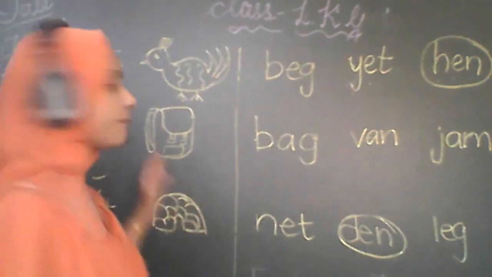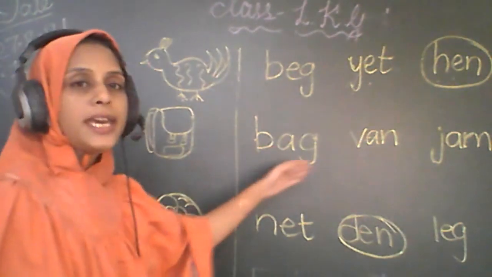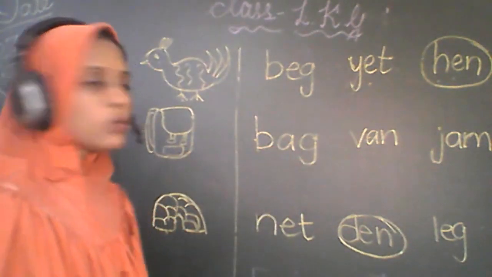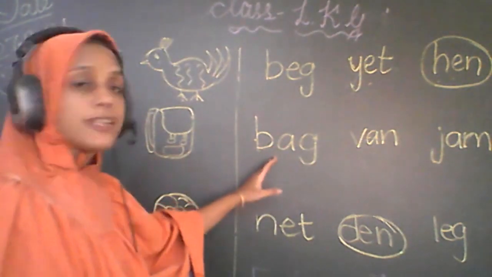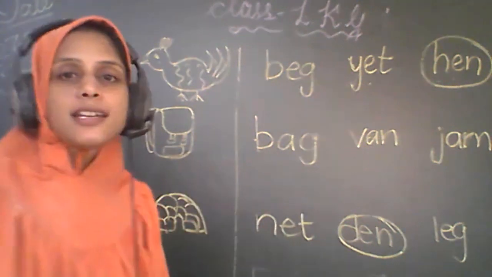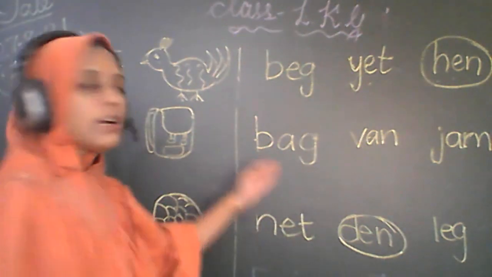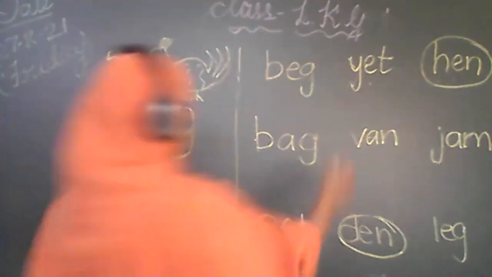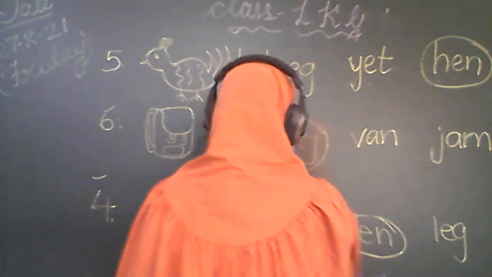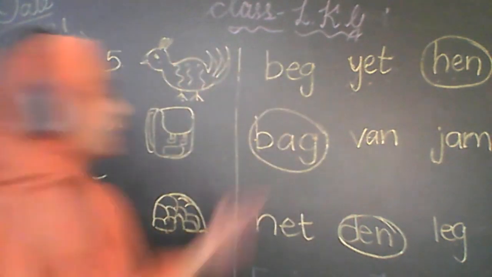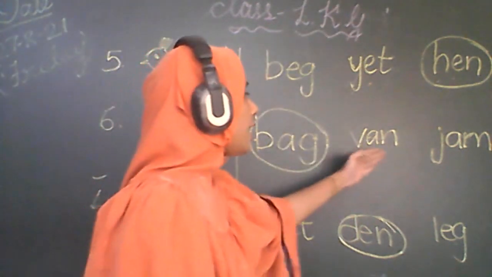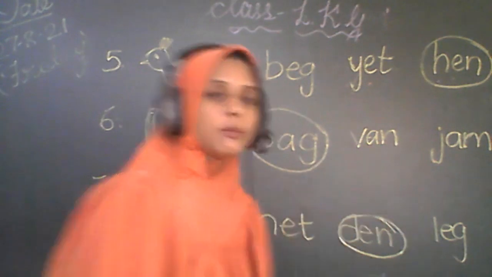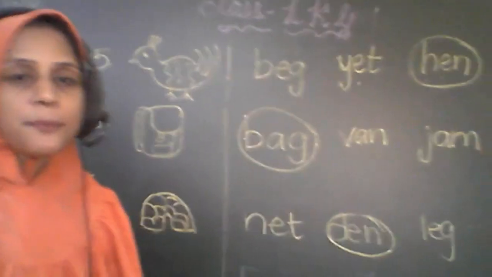Chalo, read. B-A-G. So B says B, A says A, and G says G. Bag. So the first word is correct only, so we have to encircle it. The next words are van, van, and jam, jam.